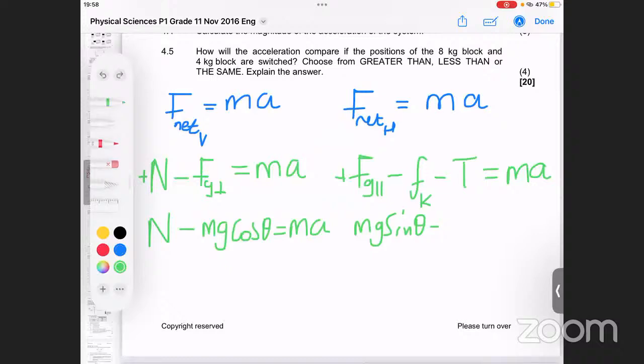Let us include it. What is it? You remember it's mu N, then minus tension is equal to MA. This is what you are referring to. Yes, sir. Good test.